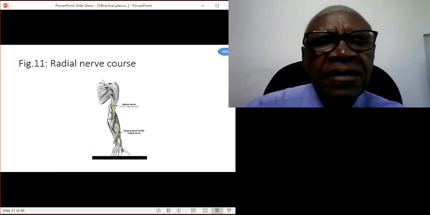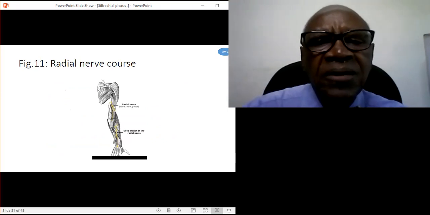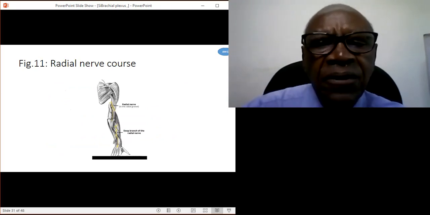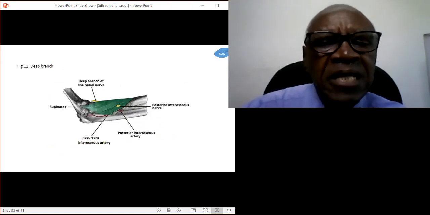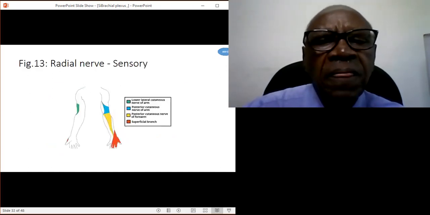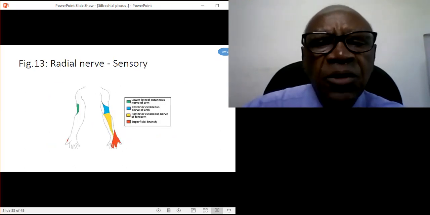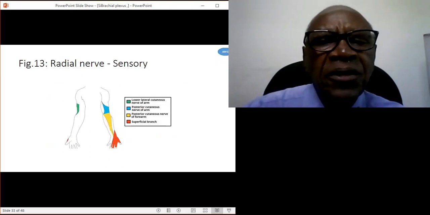Slide 11 shows the radial nerve course. Slide 12 shows the deep branch radial nerve. Slide 13 shows the radial nerve cutaneous supply.